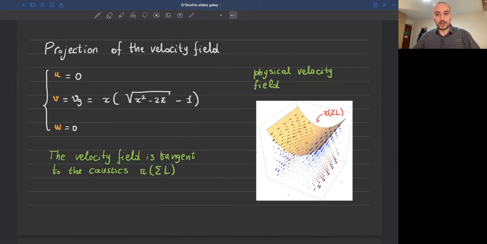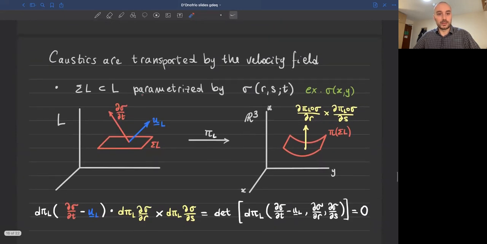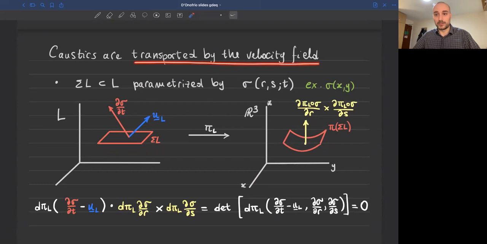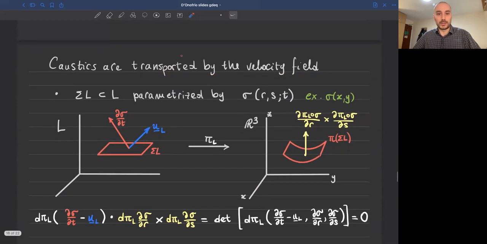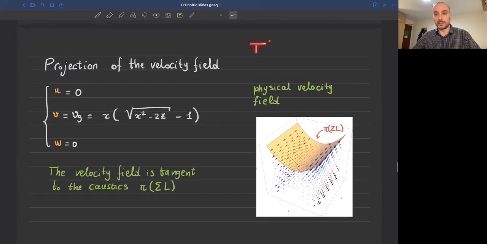Now this turns out to be a particular case of a more general statement, which is the following: caustics are transported by the velocity field. Now, in our example, t didn't depend on time, right?